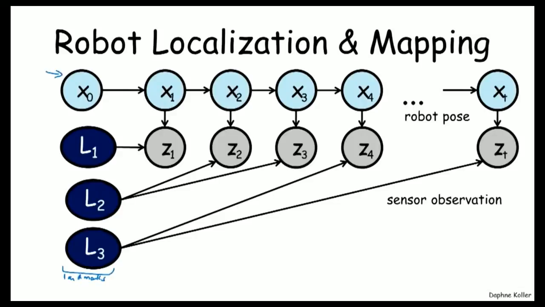And what you see here in gray are the observations. So this, for example, assumes that at time 1, the robot saw landmark 1. And so what we have here is the observation. The observed distance is a function of the robot pose and the landmark position.